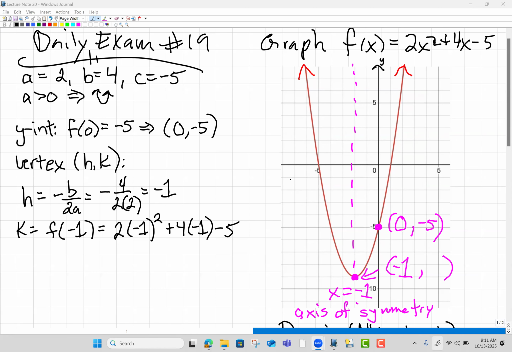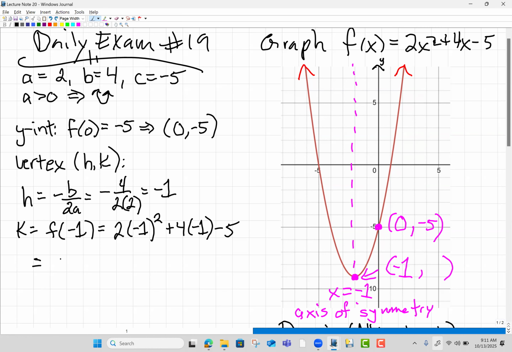All right, so what did we do? We got our A, B, or C, y-intercept vertex formula. Plugging this in to get the K. Okay, so -1 times -1 is 1.